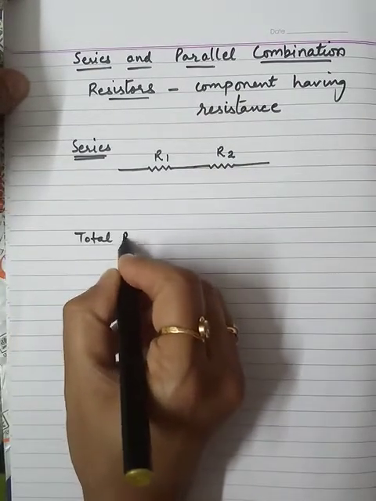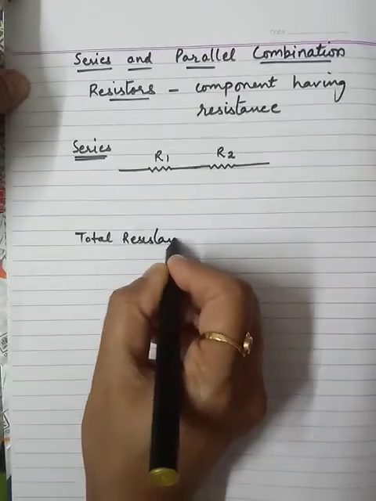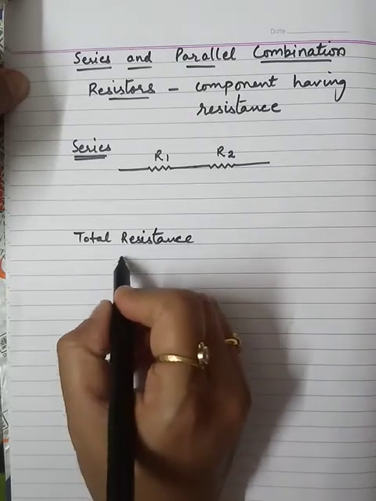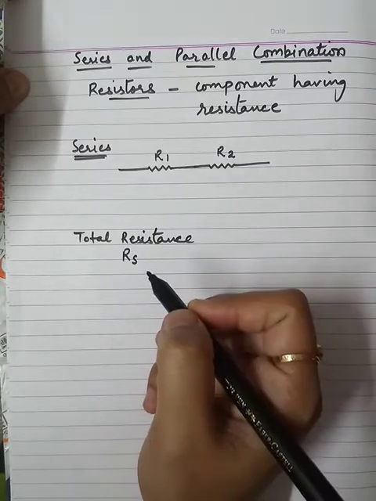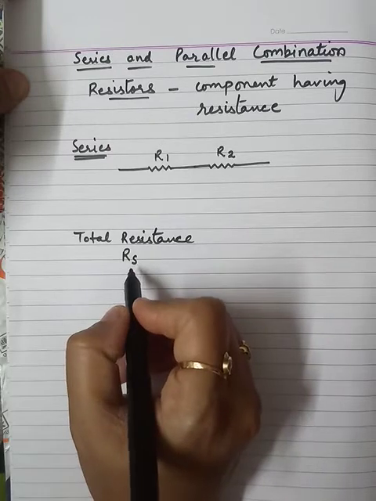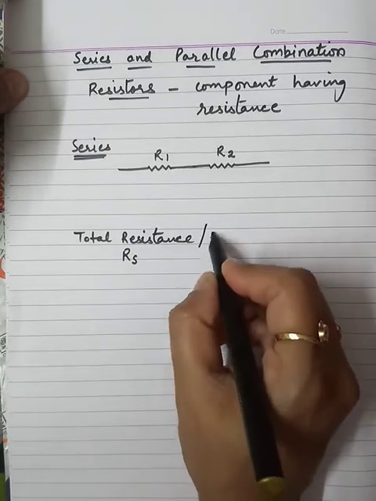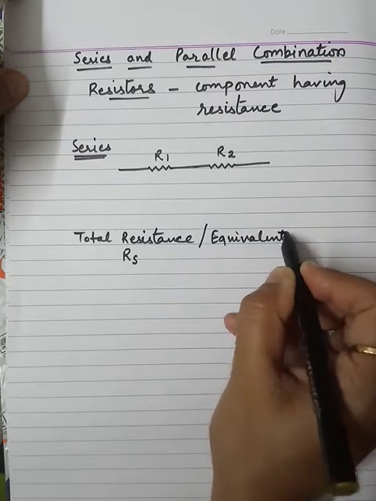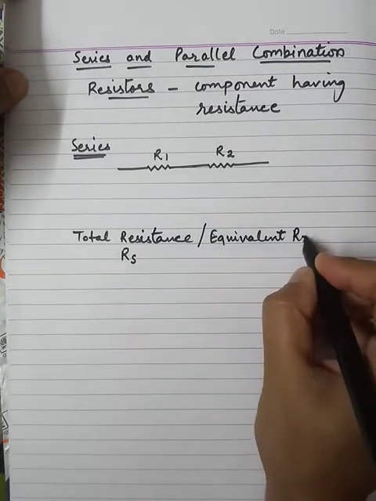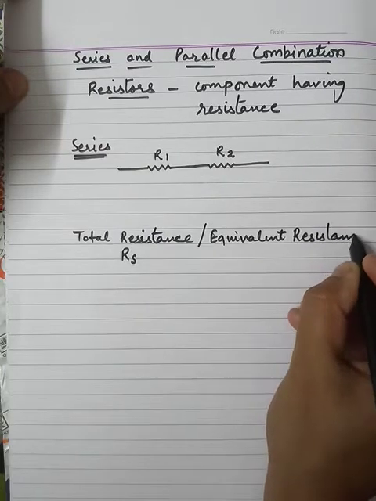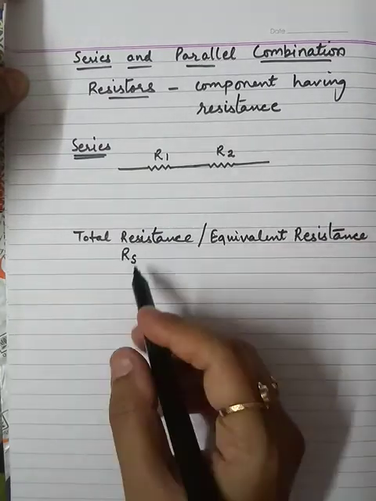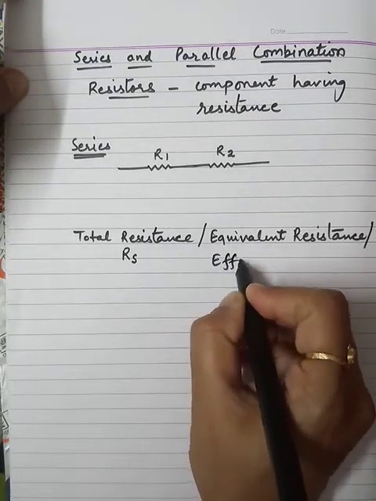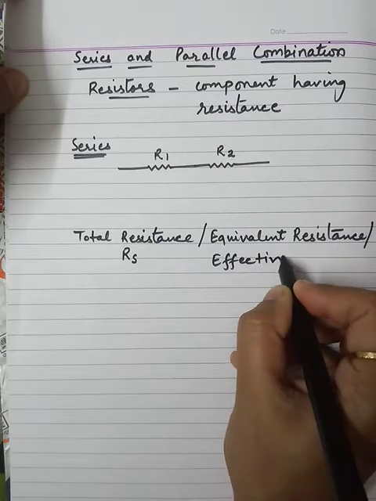Total resistance in this case can be represented by RS, total resistance in series combination, or it can be named as equivalent resistance. It is also known as equivalent resistance. Another name of this total resistance is effective resistance.